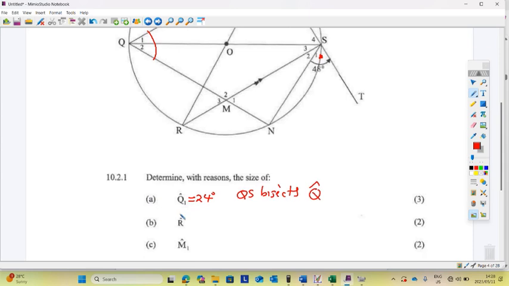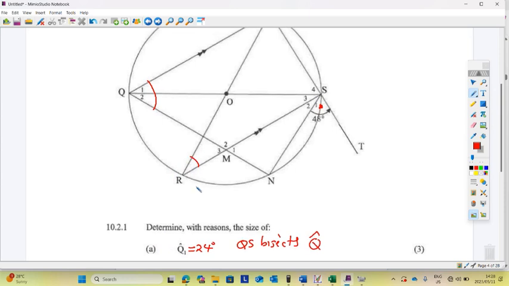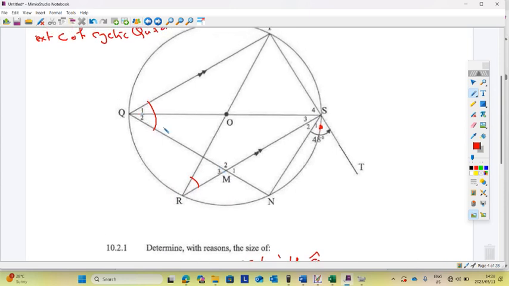And then the next question is R. Where is R? Here is R here. How big is R? R is the same as Q1. R is equal to Q1, and this is equal to 24 degrees. These two angles are subtended by this chord.